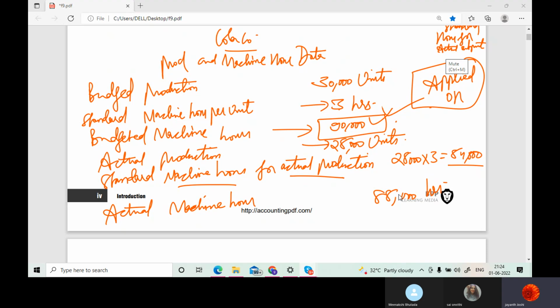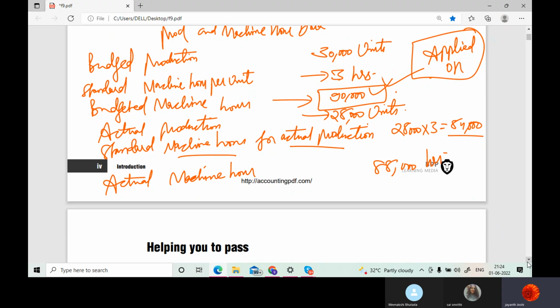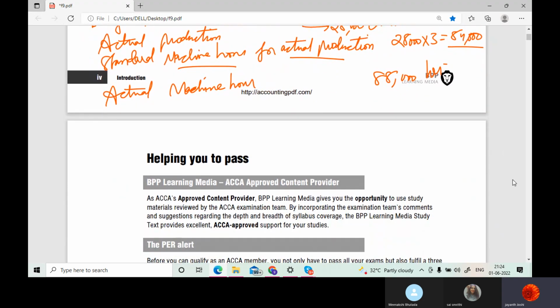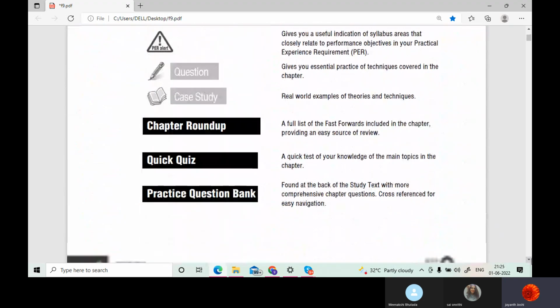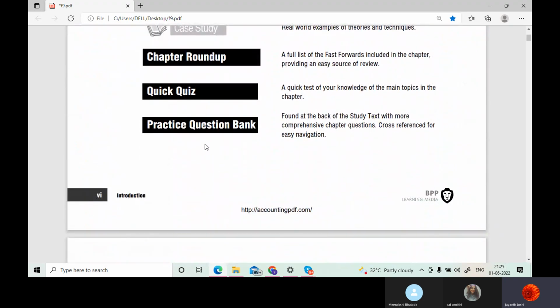So this is 88,000 hours. Now one more data is there. So cola company cost data.